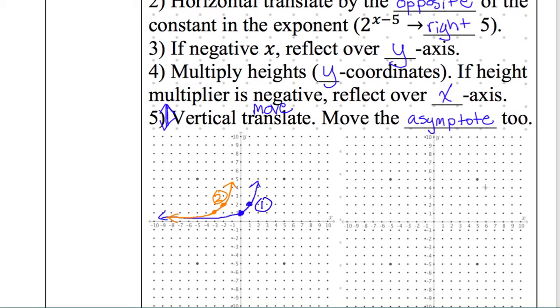I ran out of room. I'm going to do it on the second graph over here. I now have a point at +2, 2. So this point right here got reflected over the y-axis. So it's now over here.